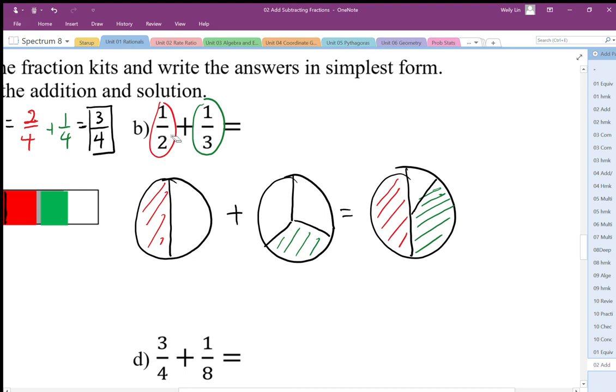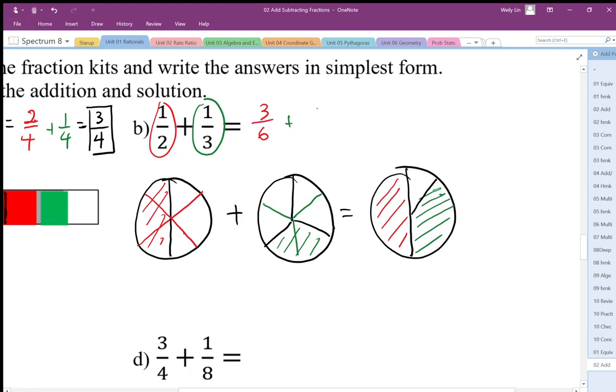If I look at the multiples of these, the common multiple is 6. So I can do groups of 3 over here. I times the top by 3 and the bottom by 3 to get 3/6, an equivalent fraction to 1/2. Plus, I'm going to do this into groups of 2.